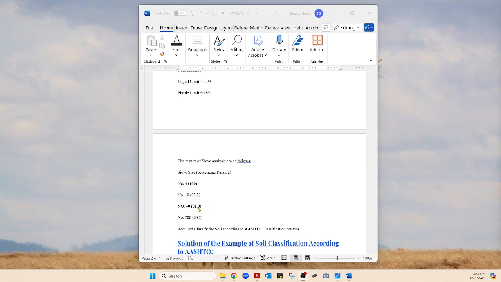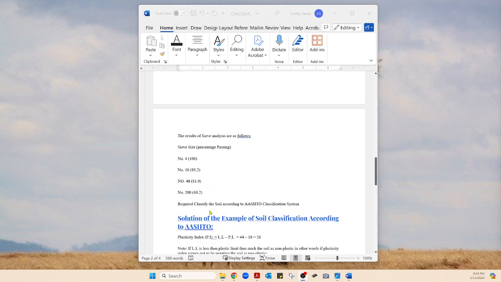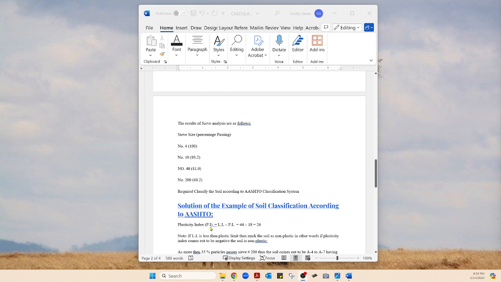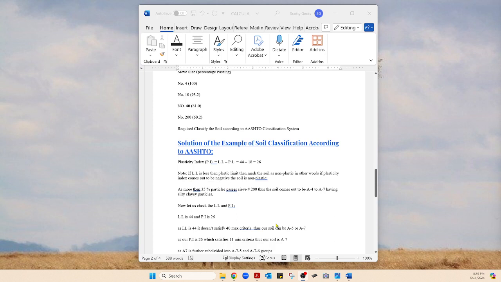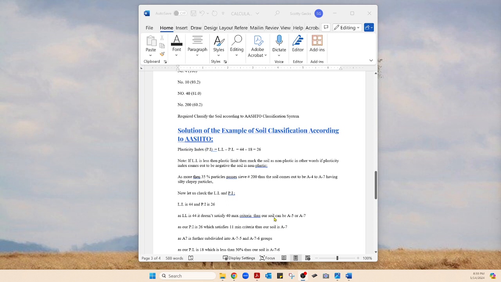And those are givens from the test. These will be derived from that test by weight. And here's your plasticity index I just talked about, liquid limit minus plastic limit. In this case, it gives you a 26 for your plasticity index. And we will use that plasticity index in our group index classification.